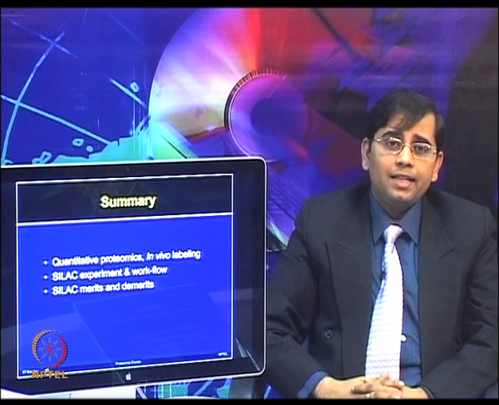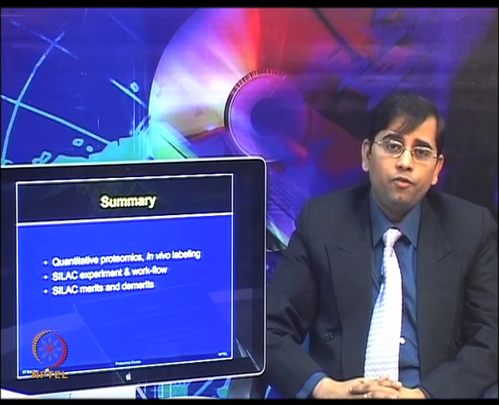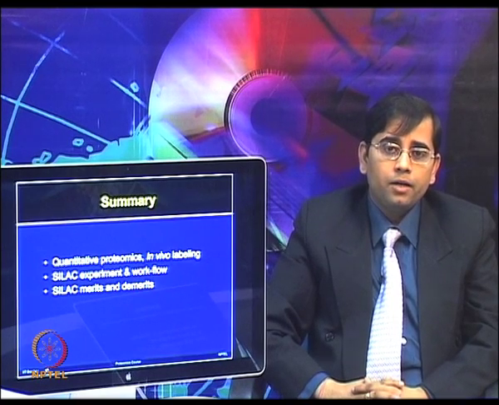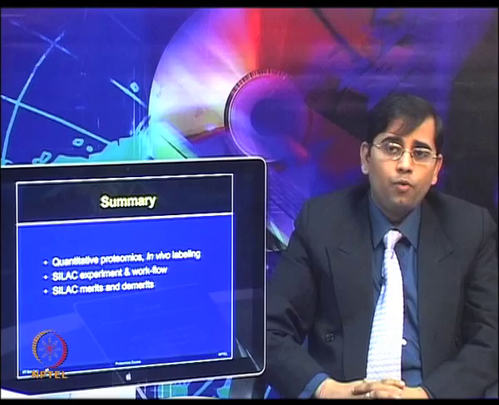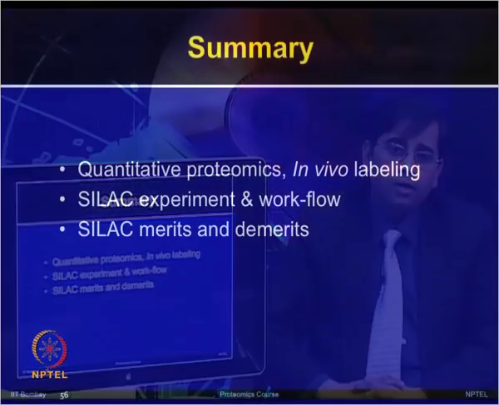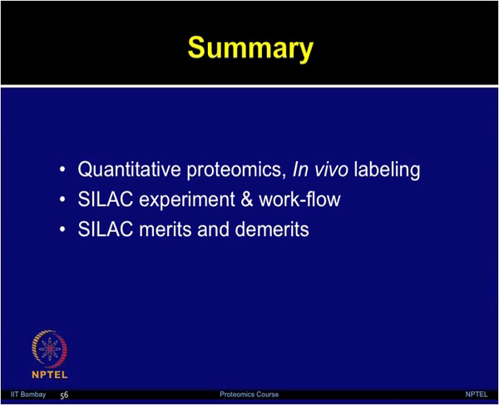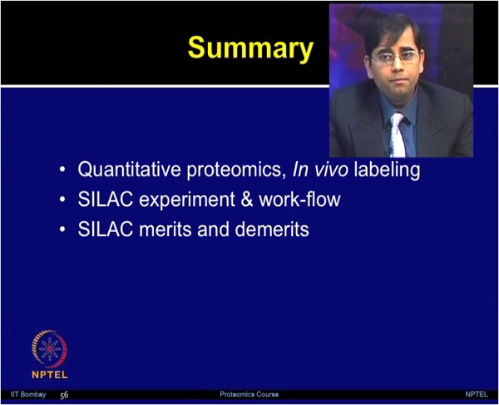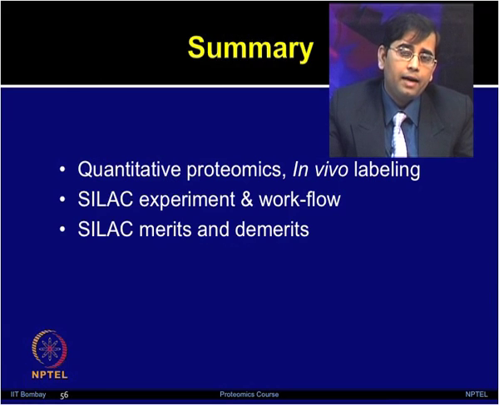So, after discussing different types of applications of the SILAC method, let us summarize what we have studied in this lecture. In a typical SILAC experiment, the control and treated cell lines are grown in different media. One is enriched with the light form and the other with heavy isotope containing amino acids.